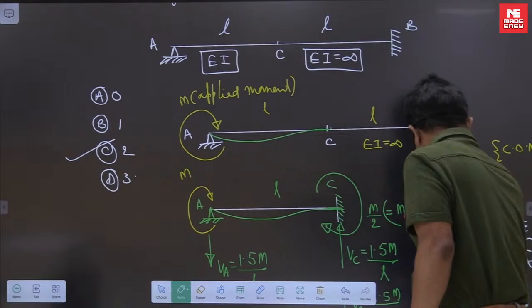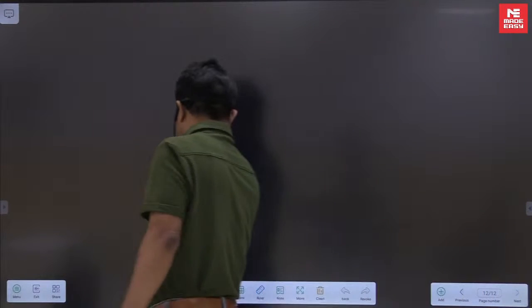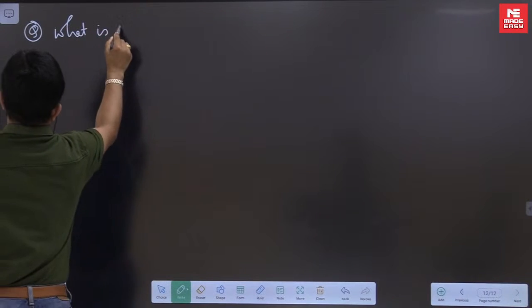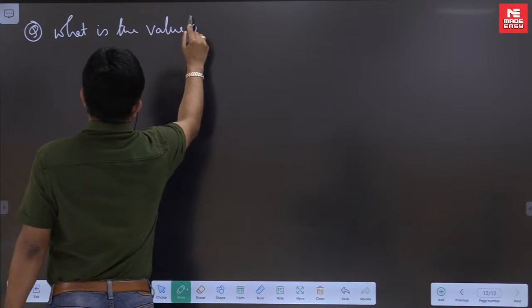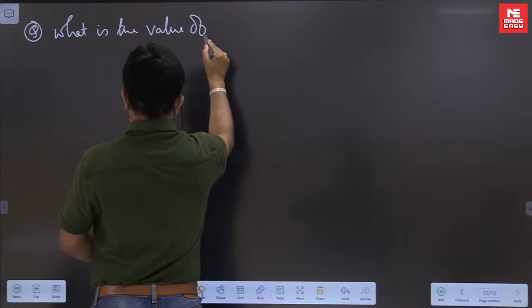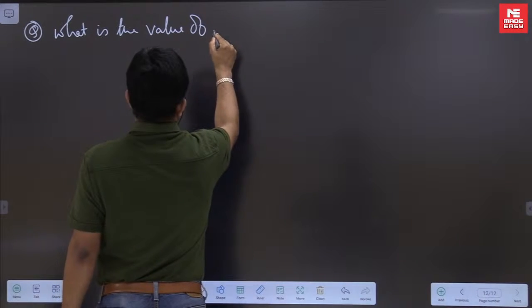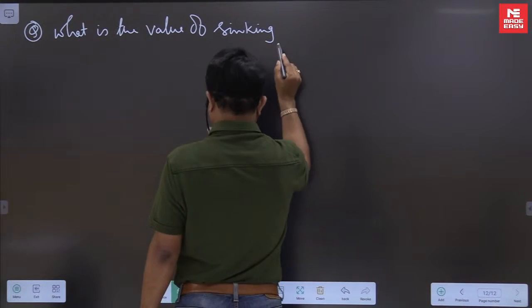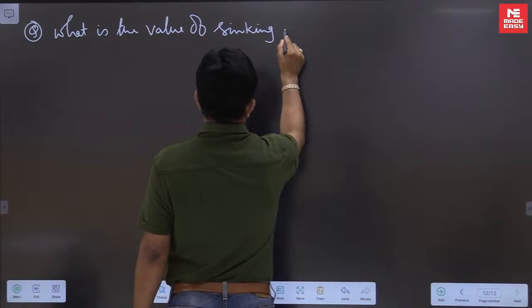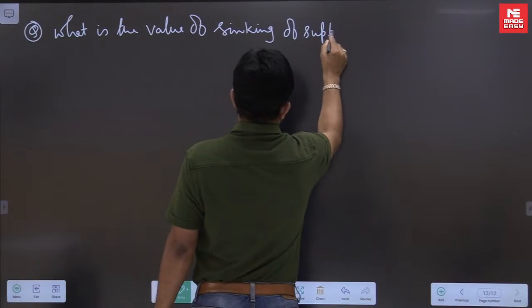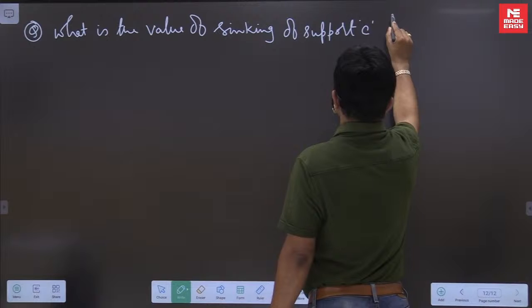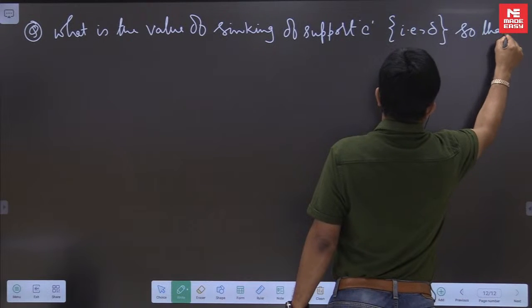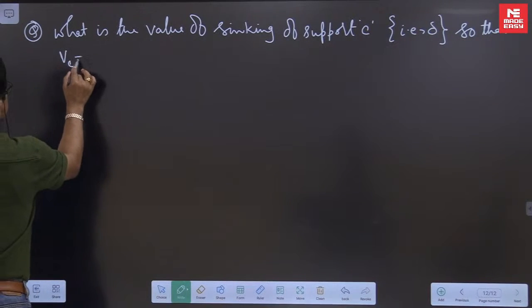Next. What is the value of the sinking of support C, that is delta, so that VC is equal to 0.